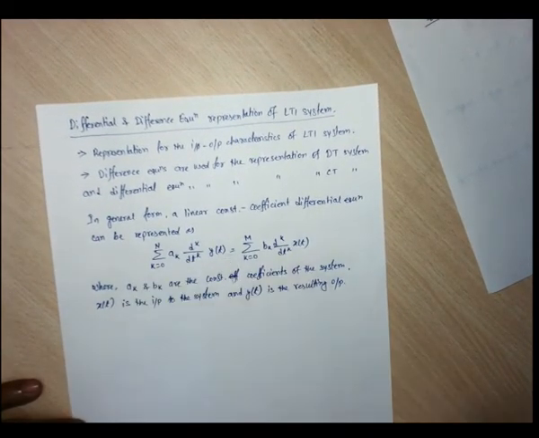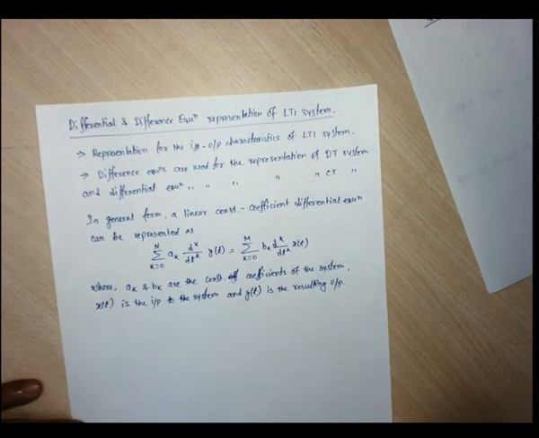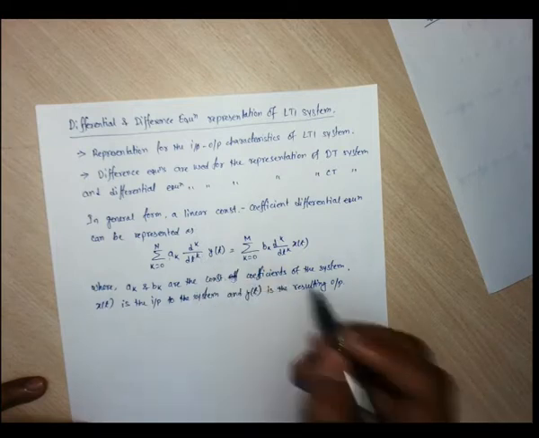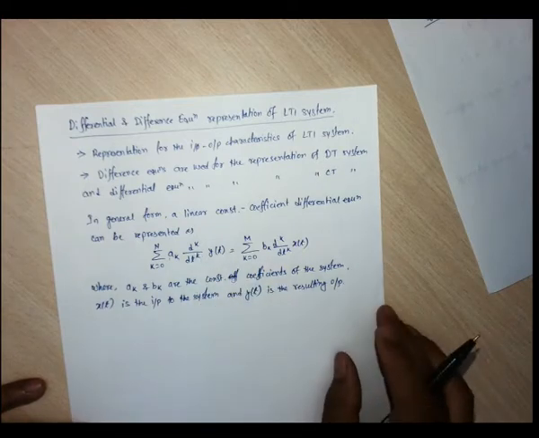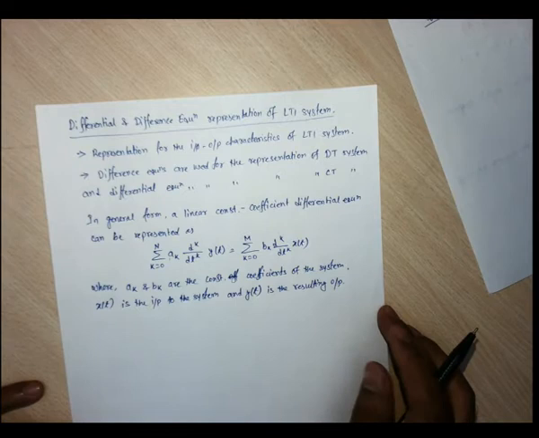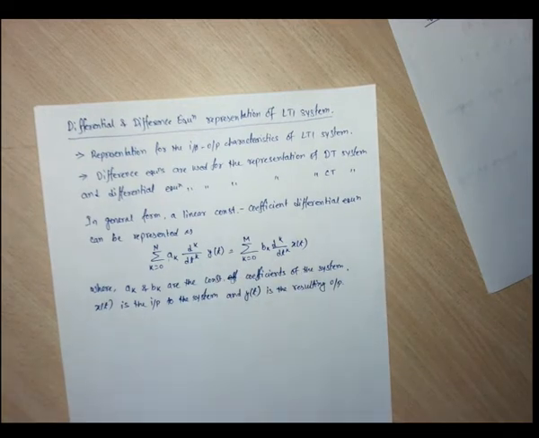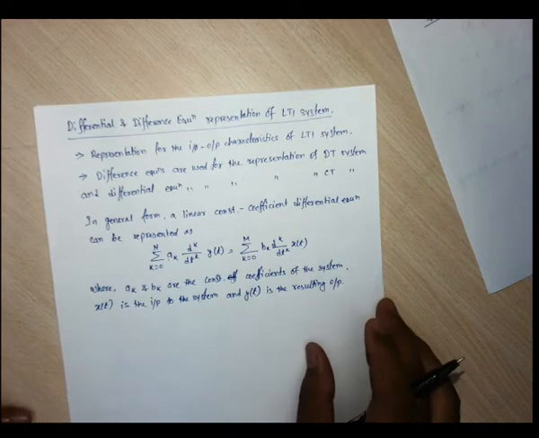So this is the general form of a linear constant coefficient differential equation. These are the constants, and this d^k/dt^k will represent the order of the system, and y(t) and x(t) are the output and input to the system.